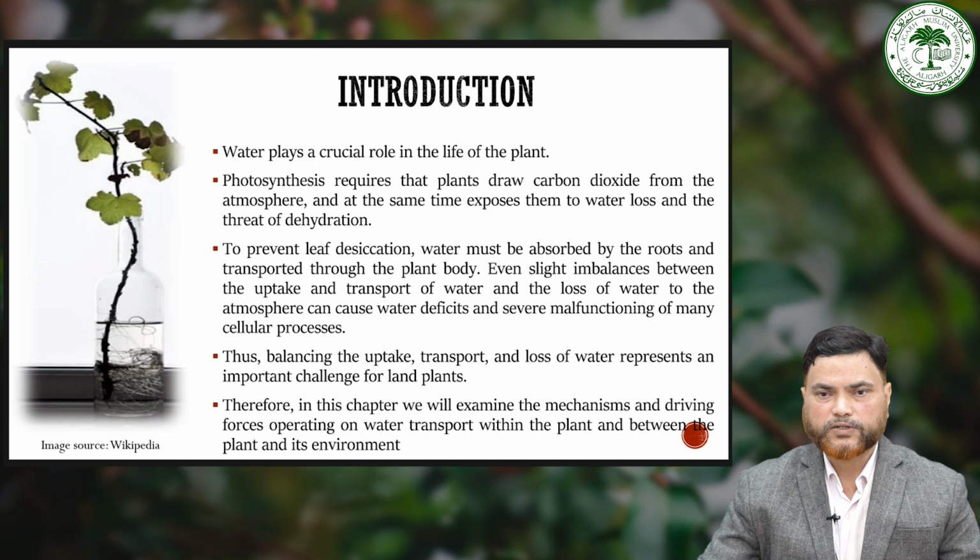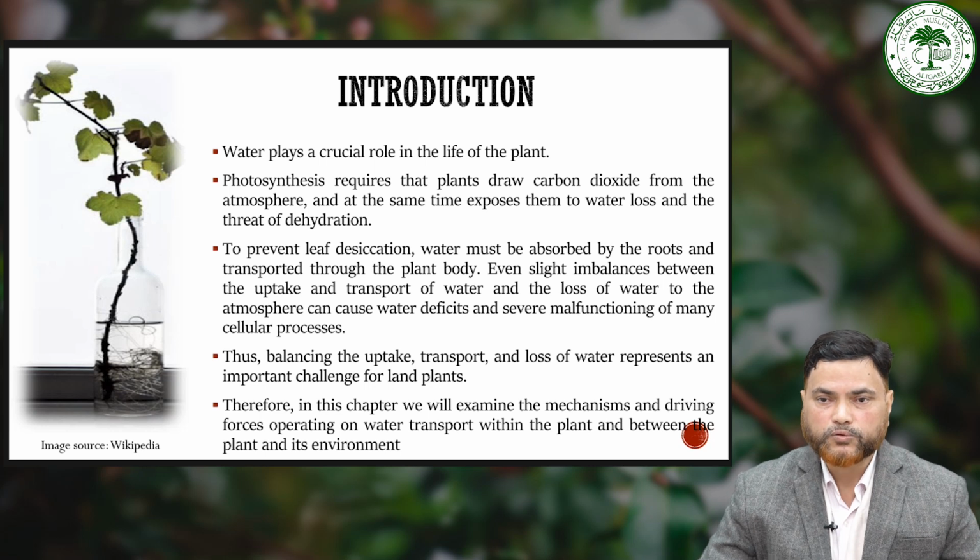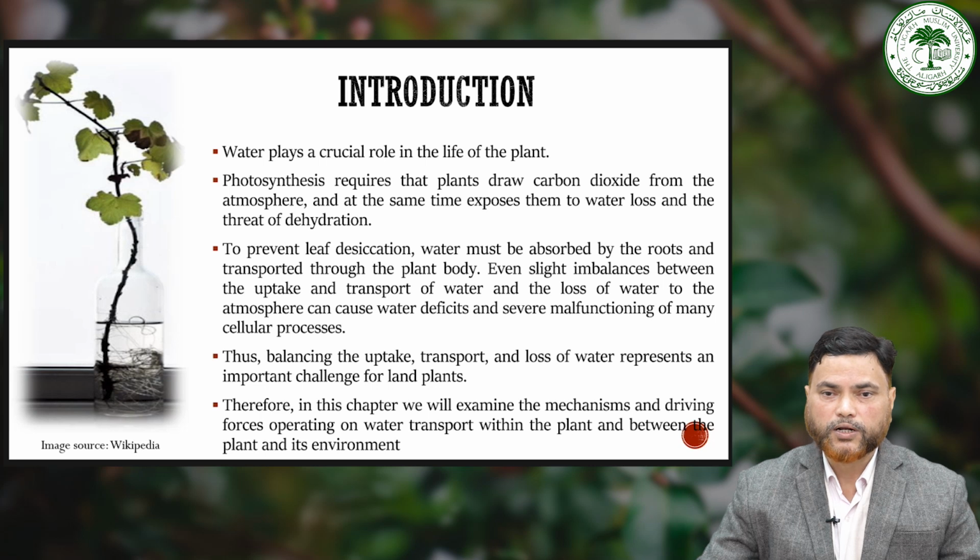However, if this delicate balance between water uptake and its loss by stomata is disturbed, for example if the rate of transpiration exceeds water uptake, this could lead to hydraulic failure and disturb the cellular integrity and physiological function of the plant, which are essential for plant growth and development.